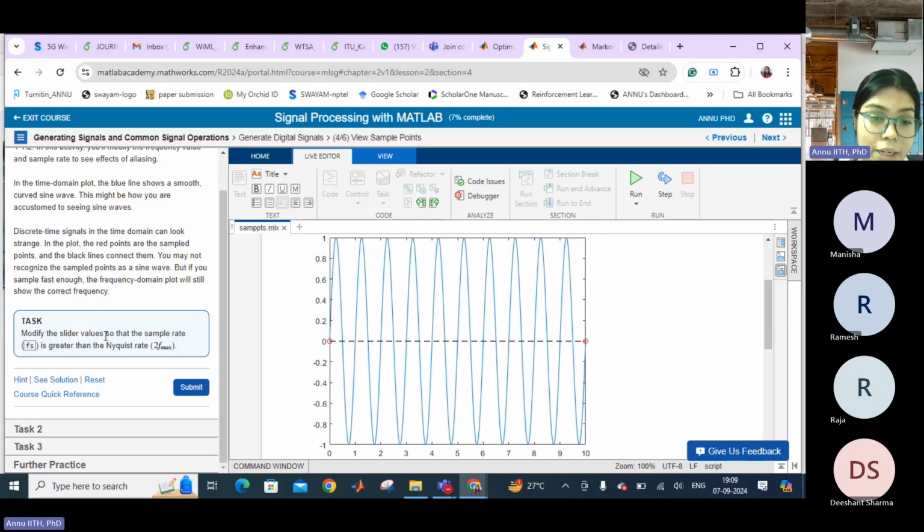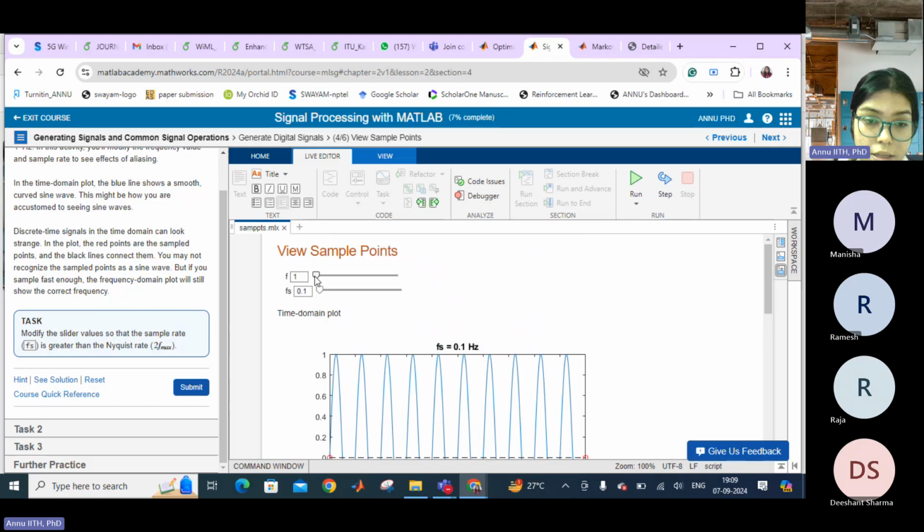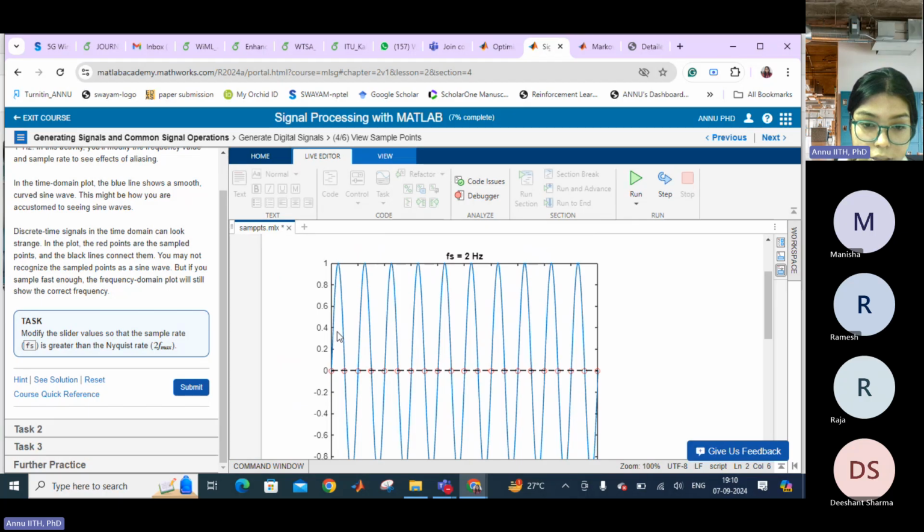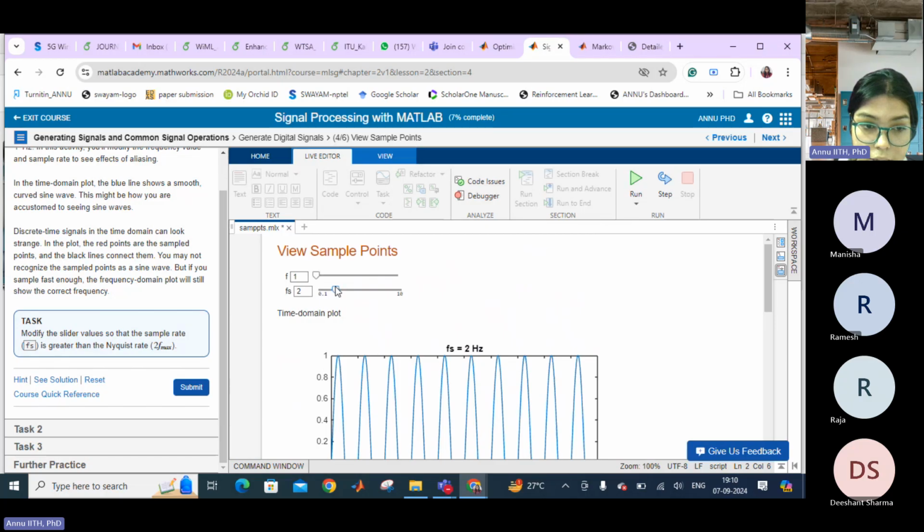Modify the slider value so that the sample rate fs is greater than 2 fm. So here you can see, if fs is greater than 2 fm, you can see at least that you are having more points.